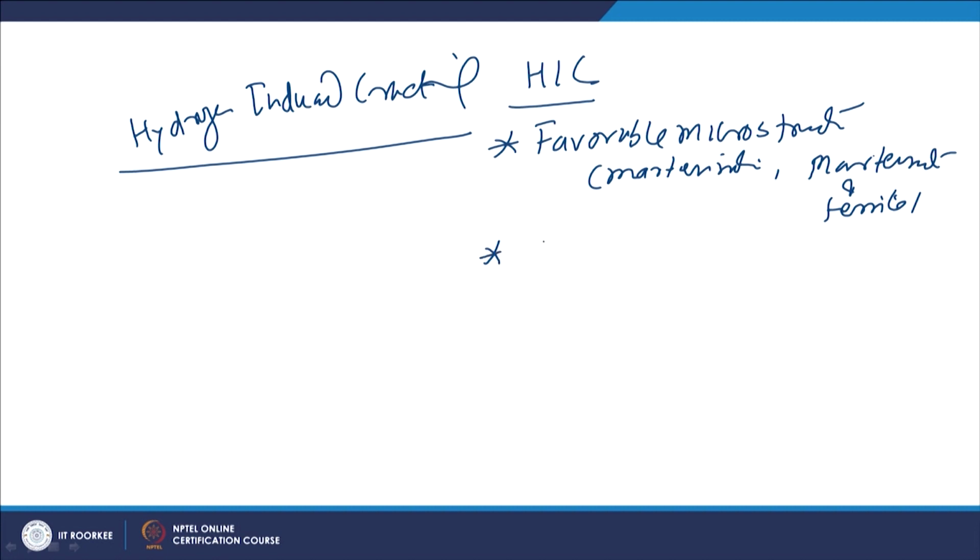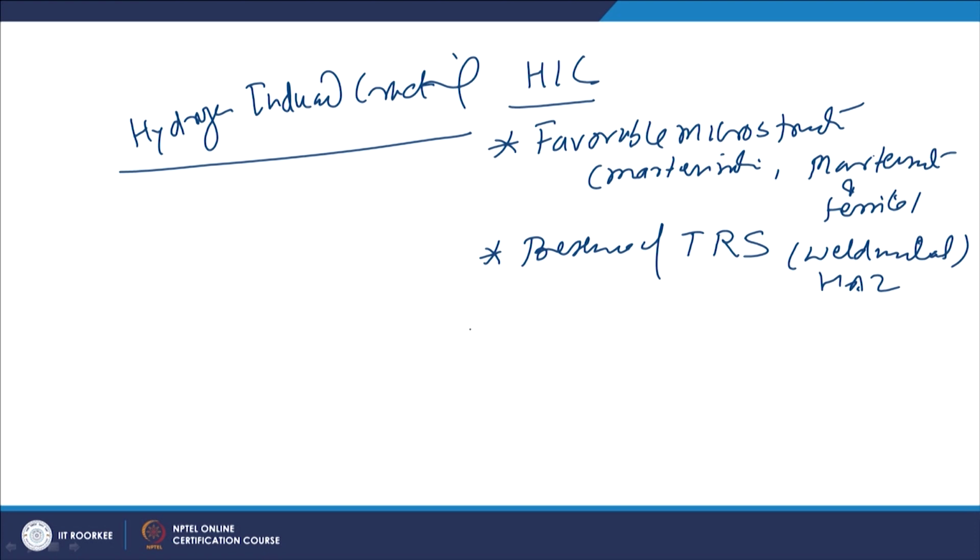The second one is the presence of tensile residual stresses. This is commonly encountered during fusion welding, and it is observed in the weld metal as well as the heat affected zone.